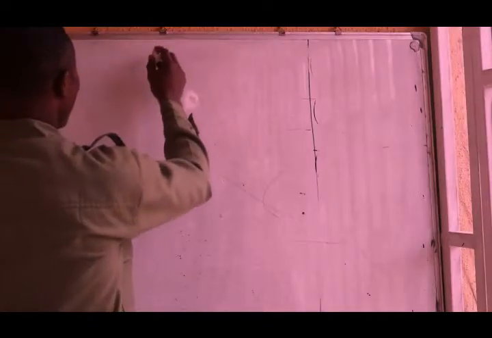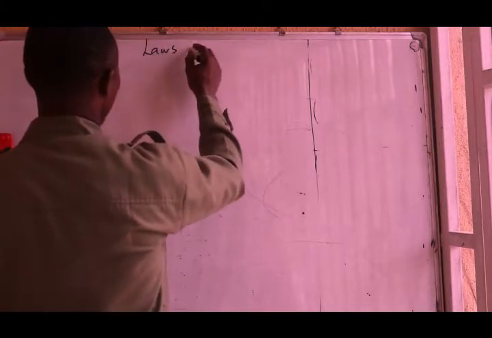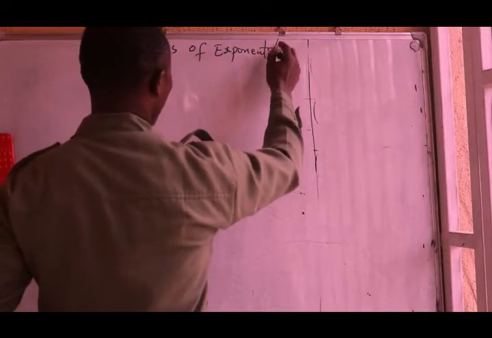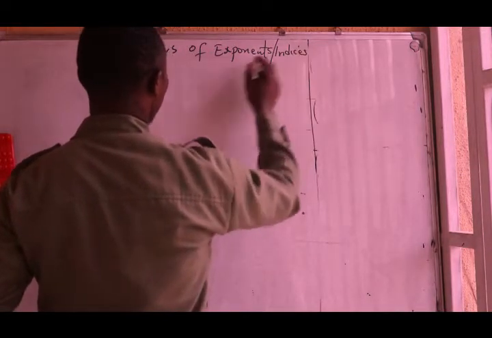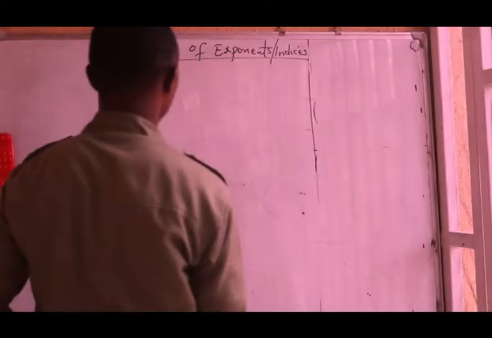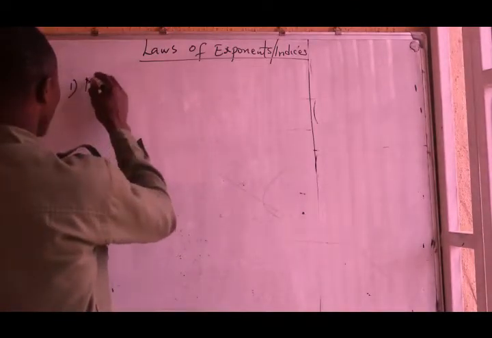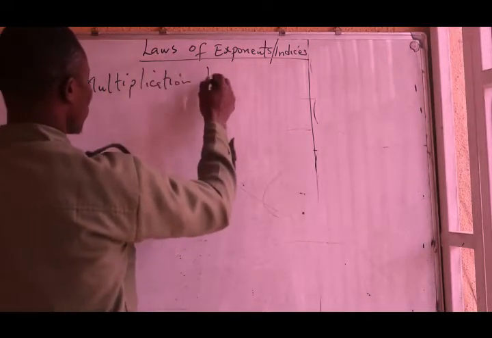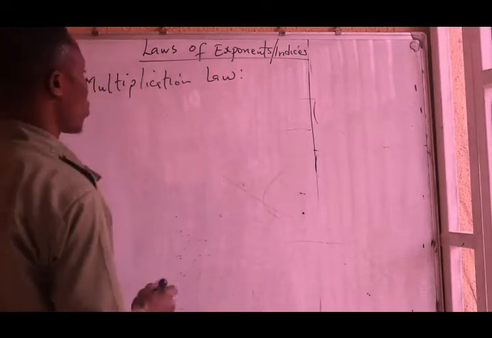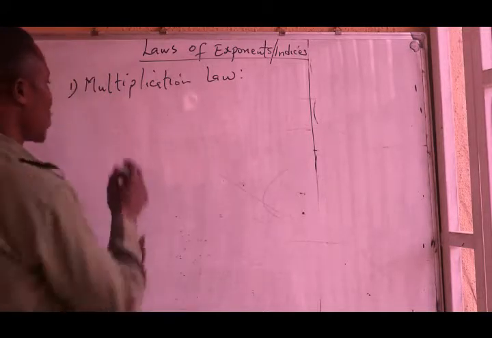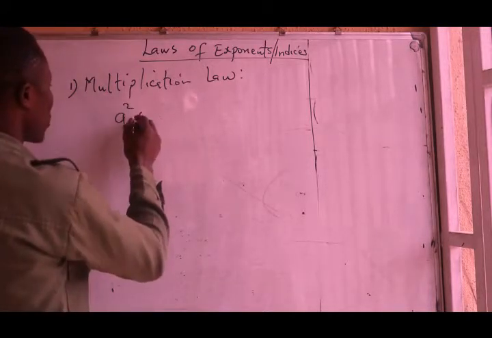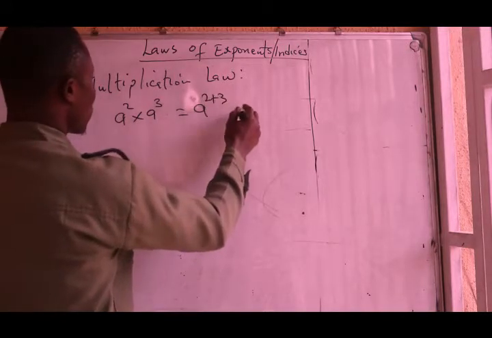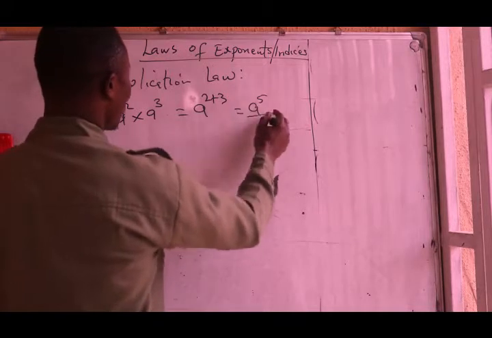All right, laws of exponents or indices. So you have the multiplication law, we are going to use a as a base. a raised to the power of 2 times a to the power of 3 is a raised to the power of 2 plus 3, and this is a raised to the power of 5.